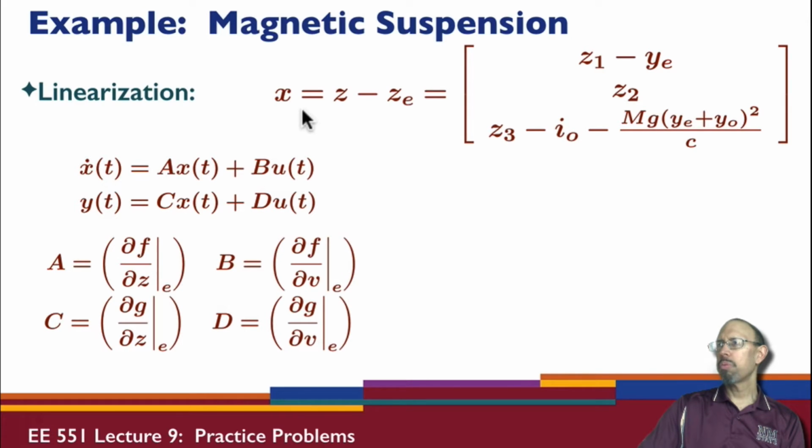So for linearization, we define x to be z minus ze, which is this. Okay, and we want to find the matrices A, B, C, and D to make this linear model. So again, we need the partial of f with respect to z, and the partial of f with respect to v.